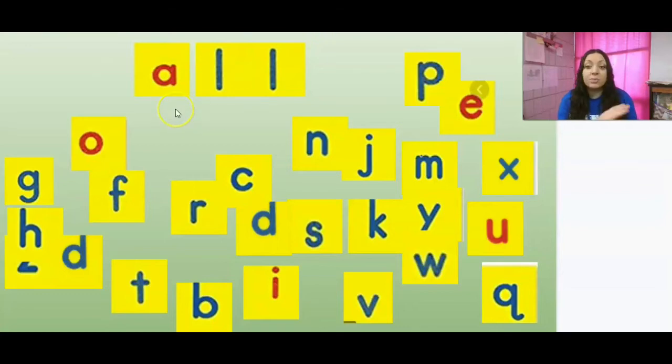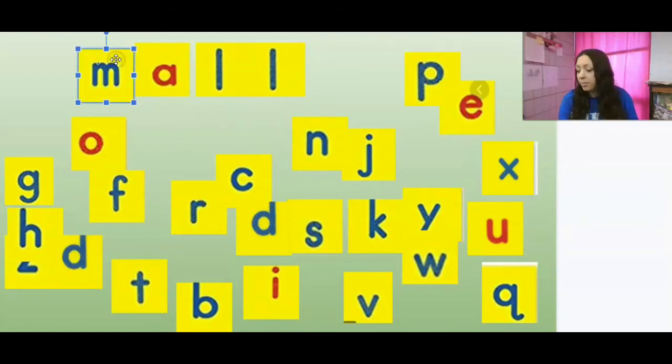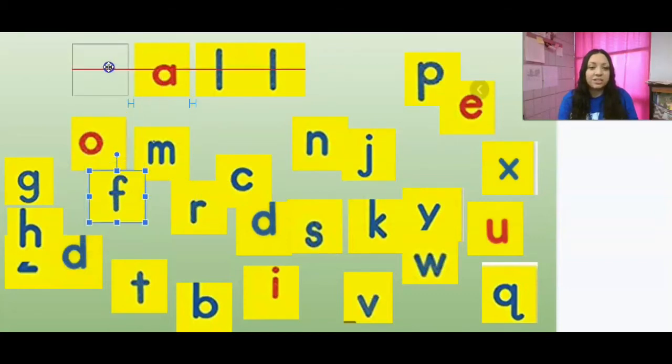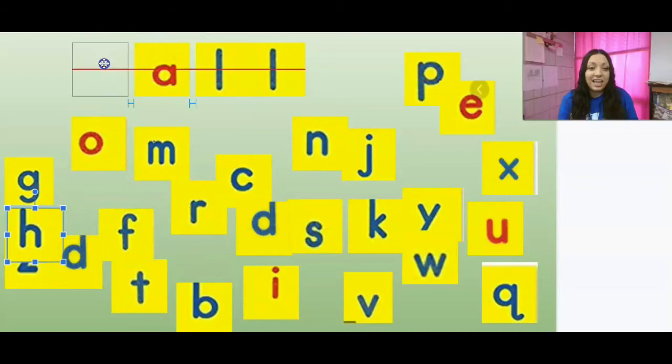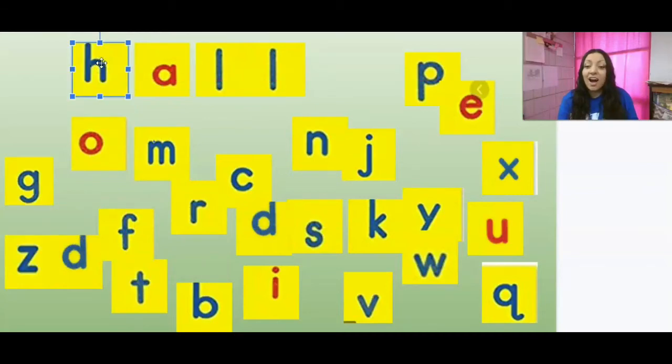So right here, this is one of our sight words, and it says all, and you can hear that short O at the beginning. So in front of all, if I put an M, I'm going to have the word mall. Very good. What if I move it and change it to an F? Fall. Perfect. What if I change it to an H? Hall.